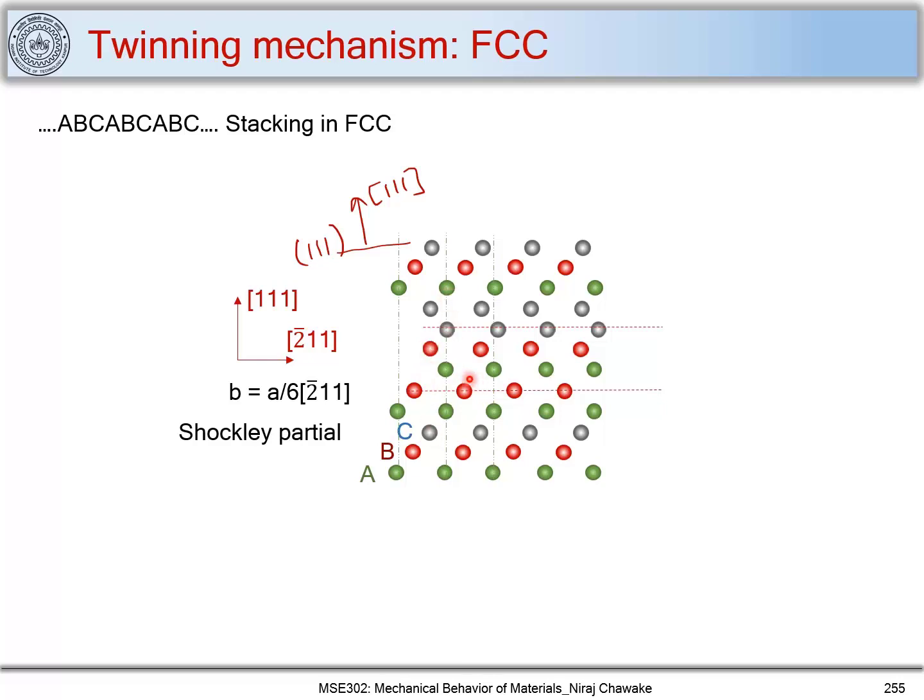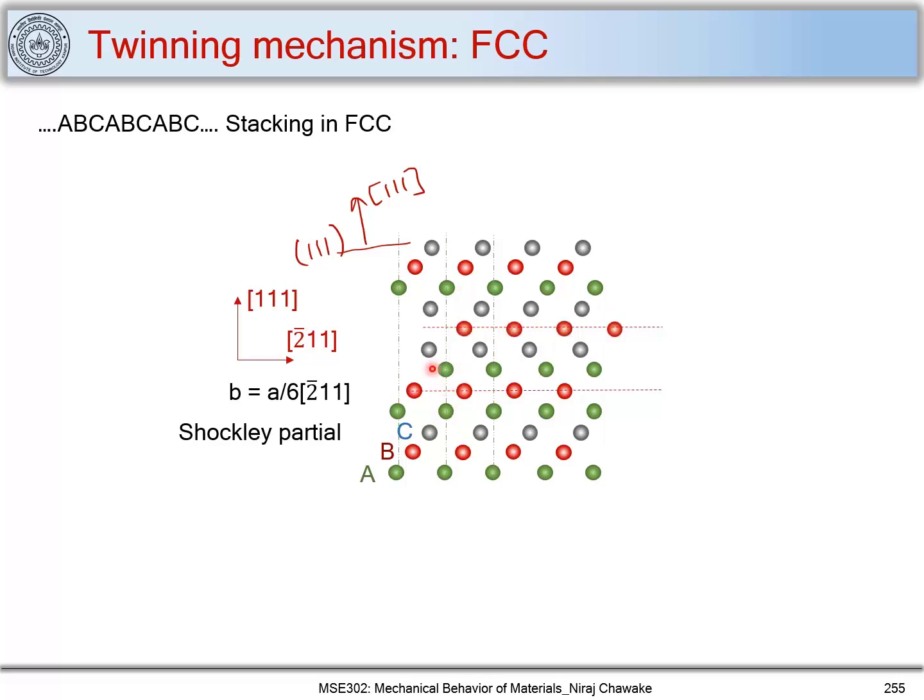So we can change their color, and now this becomes a C layer and this becomes an A layer. Now let's move this top layer again by a/6 [bar 2 1 1]. You can see that it has moved and this layer is now falling over this layer. That is nothing but our B layer. So let's change its color.